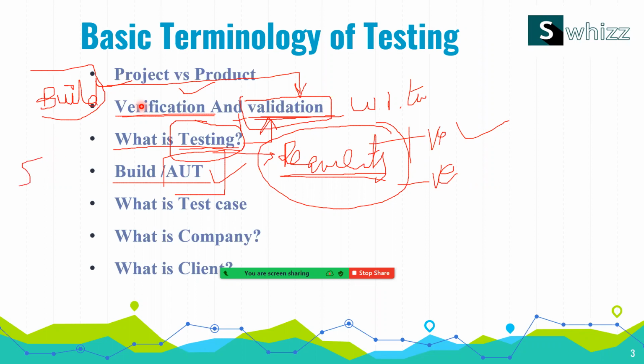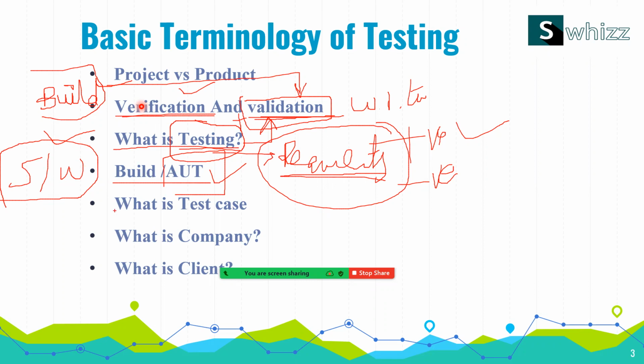It is integrated with some features, but those features may or may not work according to the requirements, though we still consider it a software. We have to test this. What is under test, we call a build. After the testing, we can call this software an application, but while it is still under test, we call it a build.